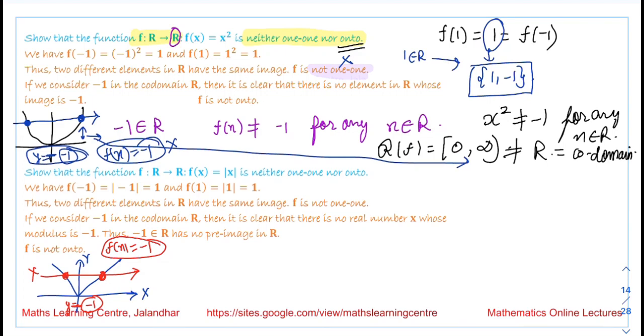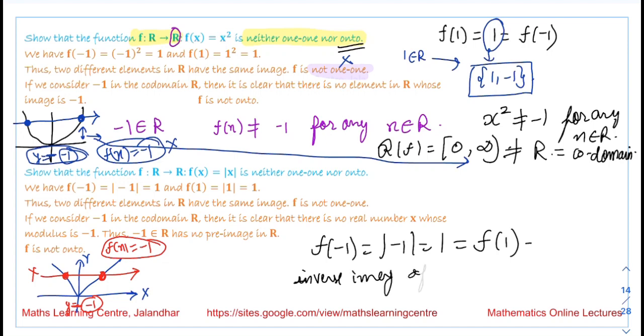If we are not using this graphical method, we can manually calculate these values. We are saying that f of -1 is equal to mod of -1, that is equal to 1, and that is equal to f of 1. So the inverse image of 1, or pre-image, we are using the word pre-image in place of inverse image, of 1 is -1 and 1.